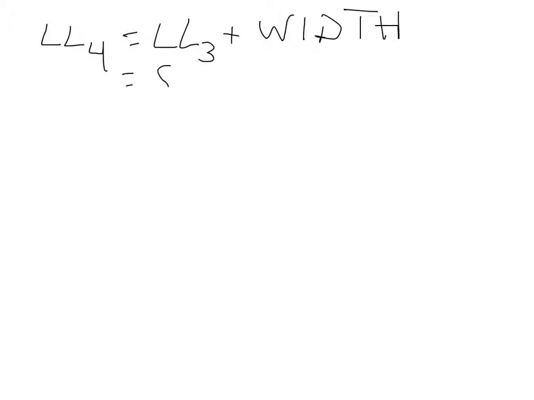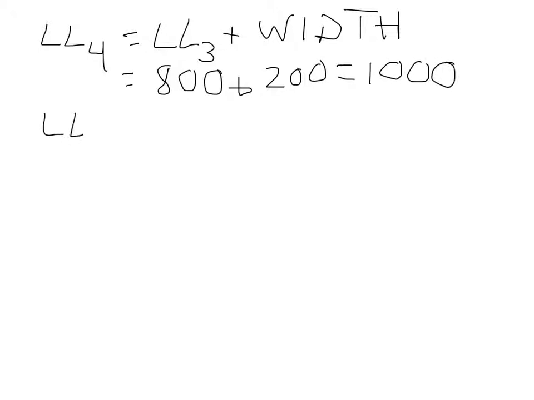Then lower limit 4 is equal to lower limit 3 plus the width. And that's 800 plus 200 equals 1,000. Then lower limit 5 is equal to lower limit 4 plus the width.